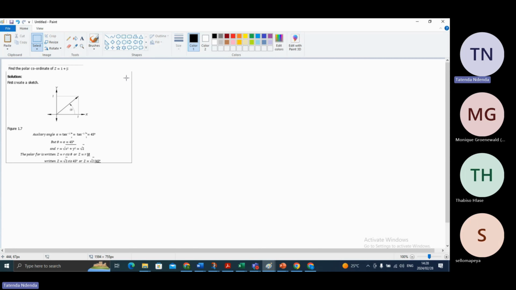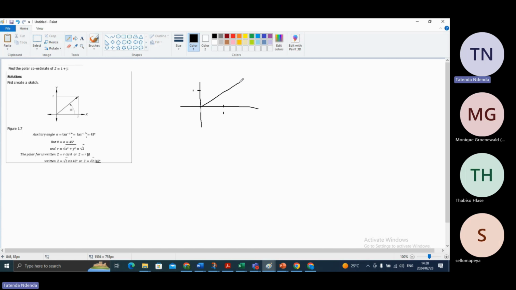What you're going to do in that case is, first thing, draw the diagram. Like this, right? You can see that all the values are positive, so there's no need to write all of them. You can just say 1 here and also 1 here because they are positive.